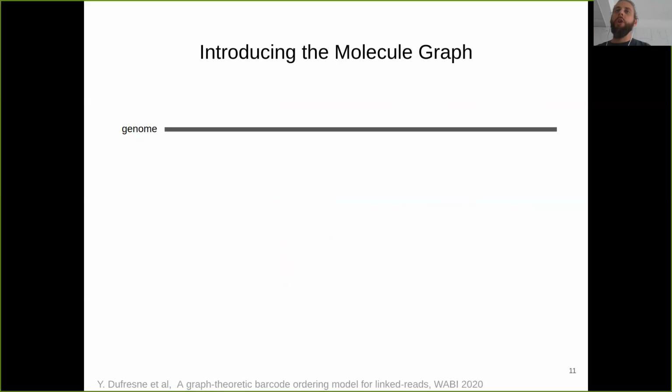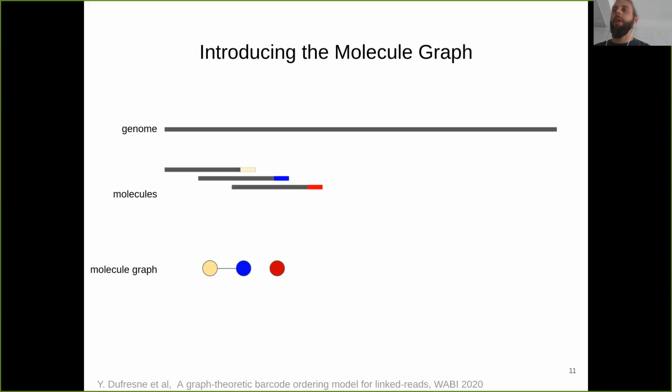Now I will show you the two kinds of graphs that are linked with the technology. First, the one we call the molecule graph. Each node in the graph corresponds to a long molecule, and each edge corresponds to an overlap between two molecules.